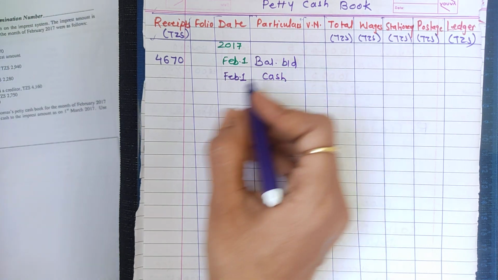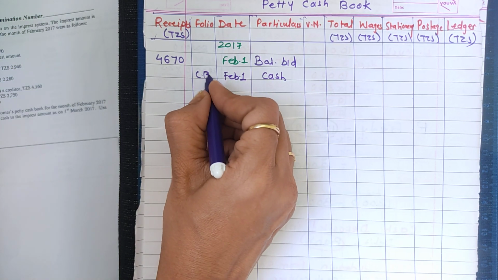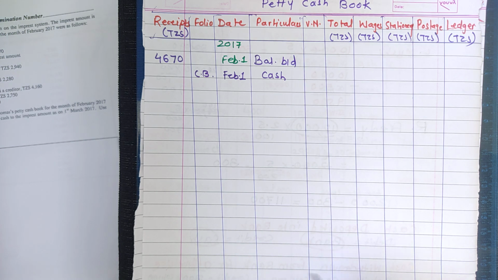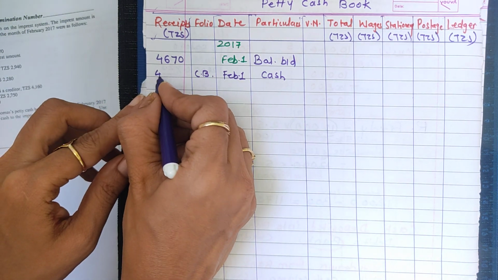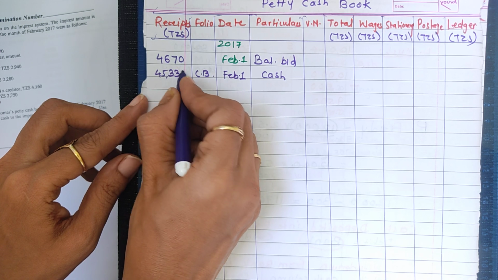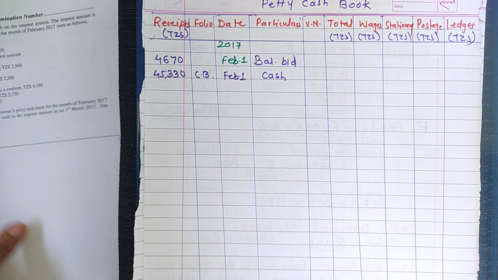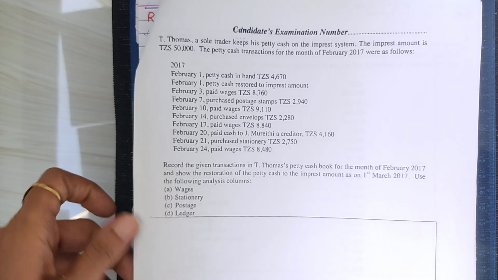Cash. You can write in the folio cash book. So the amount received is 45,330. Okay.